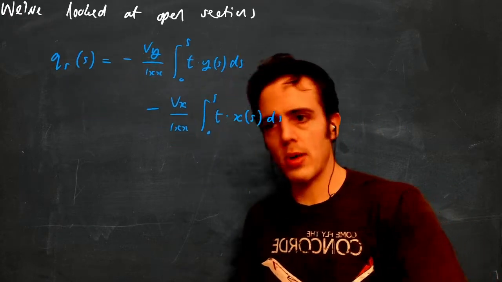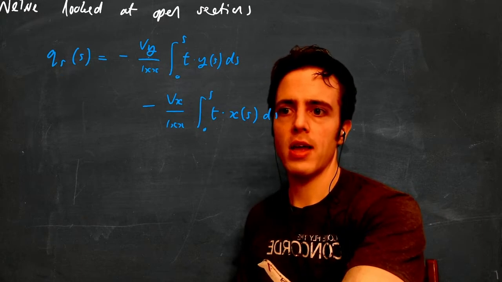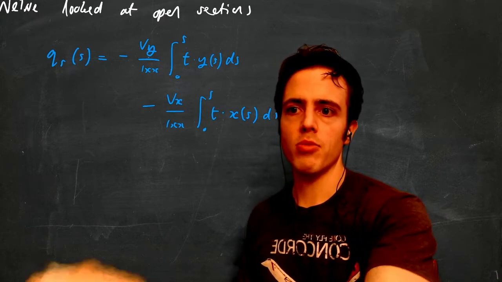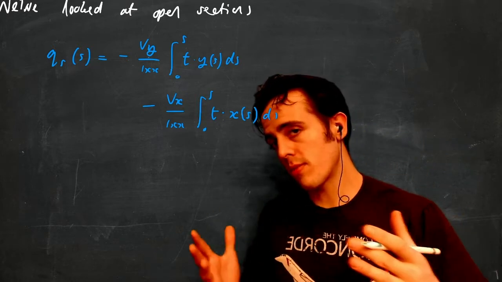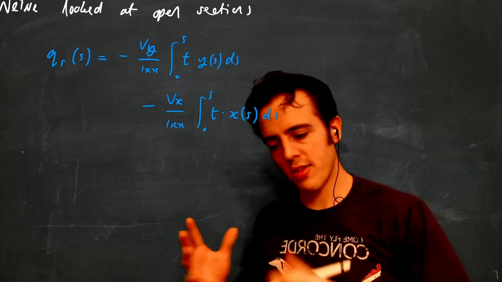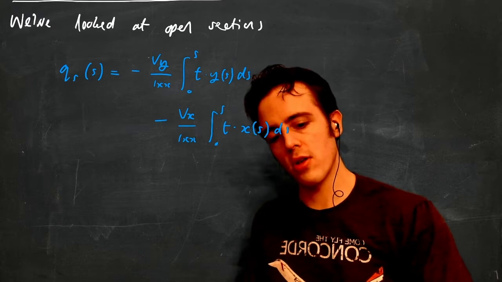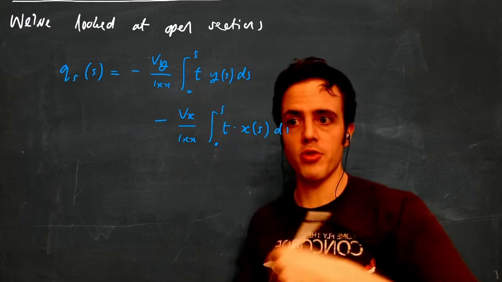So like I say, we looked at open sections, and whenever we started out with one of these problems, we could use some guesswork and some experience to think about what this distribution is going to be and what the direction is.